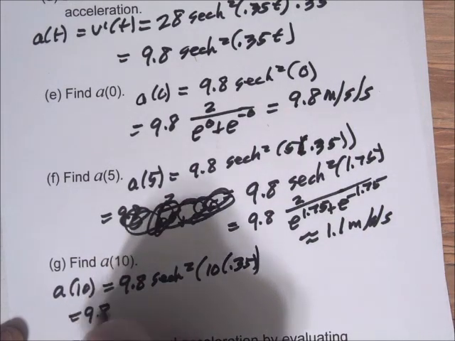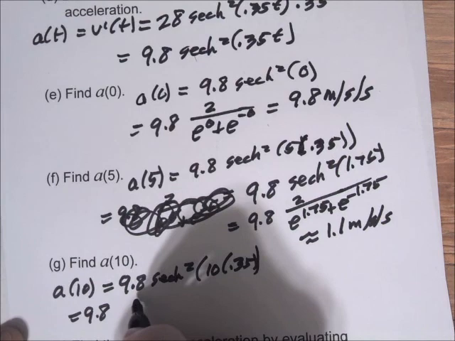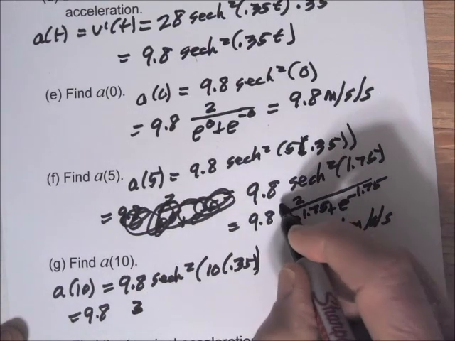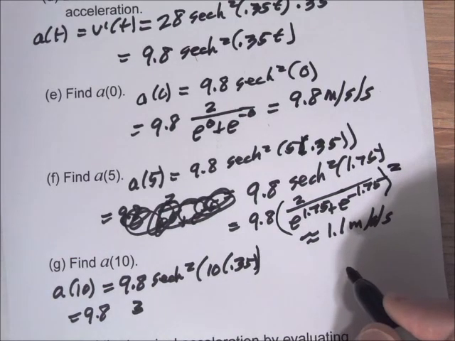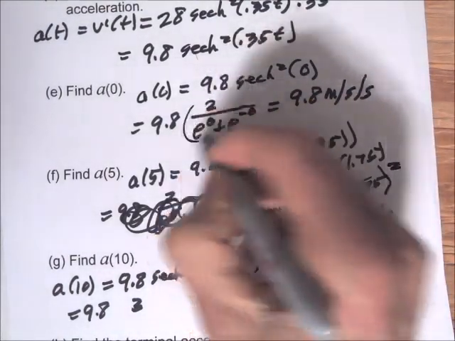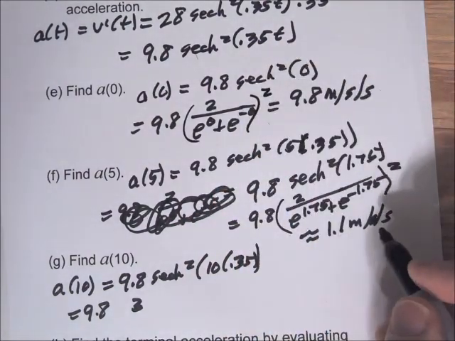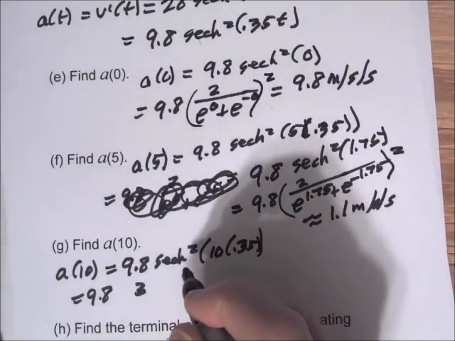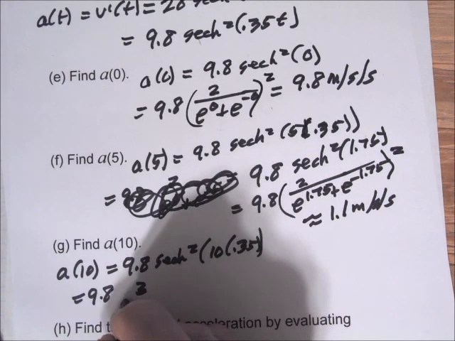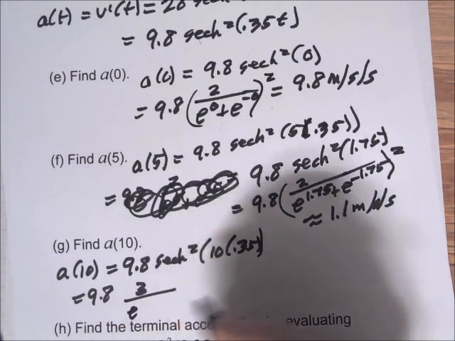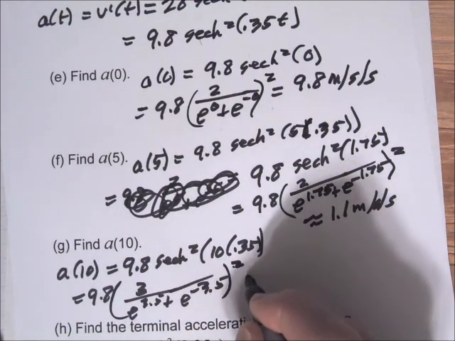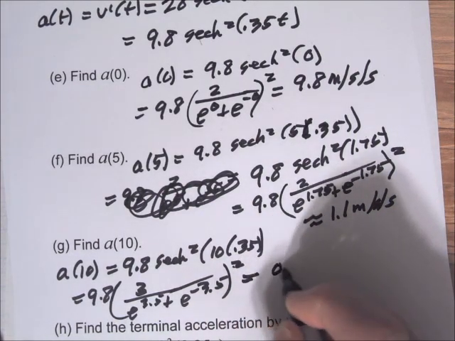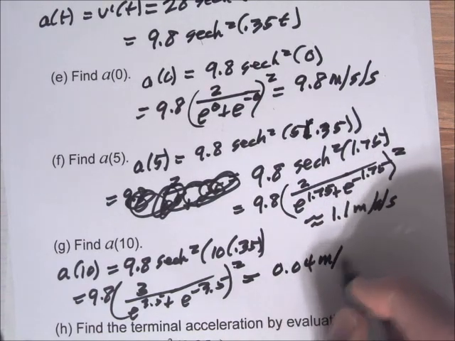That's 9.8 times 2 over e to the 3.5 plus e to the minus 3.5, and that's squared. And that comes out to be about 0.04 meters per second squared.